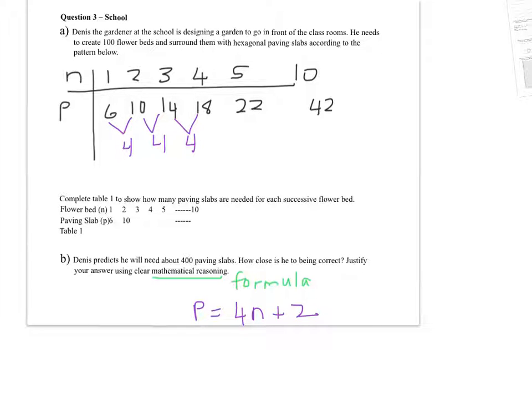That's my formula. If I have 400 paving slabs, so P is 400, so I can go 400 equals 4n plus 2. Dennis predicts he'll need 400 paving slabs.